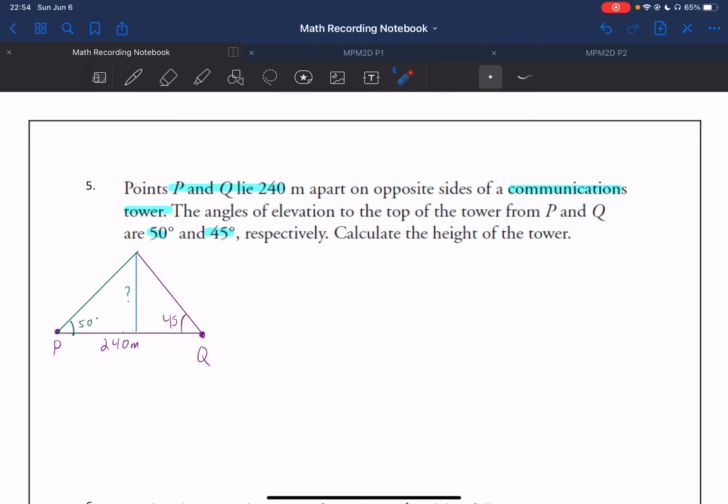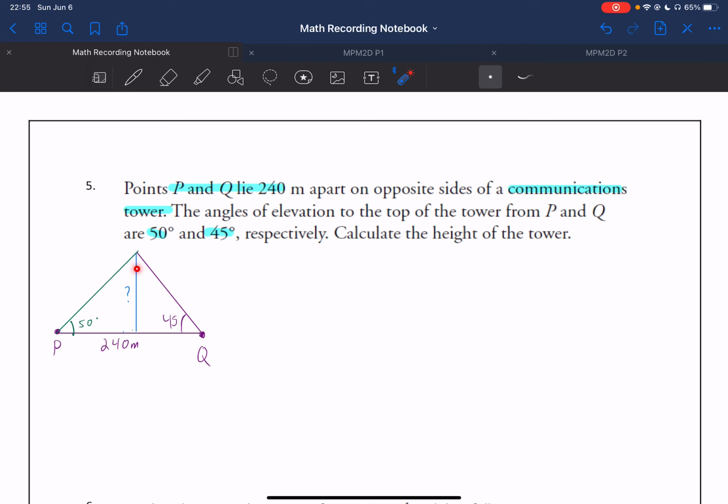How this is going to work, our step one is to first find this angle. If we find this angle, we'll have a complete pair of angle and side. What that's going to enable us to do is find one of these two sides. I'm going to find out what side P is, but you could also find out what side Q is. Either way would work.